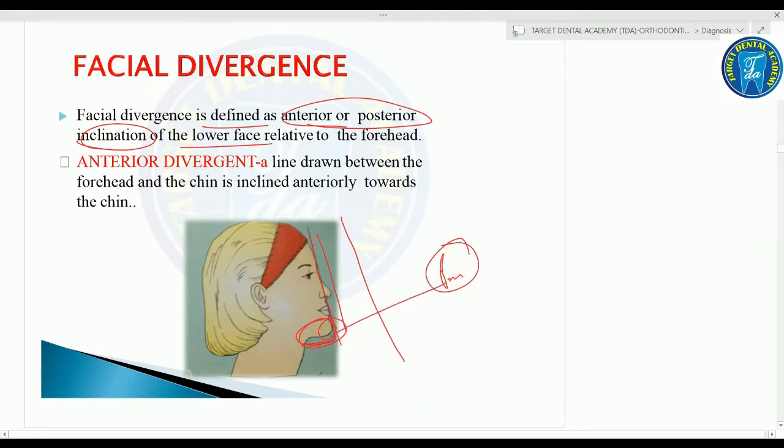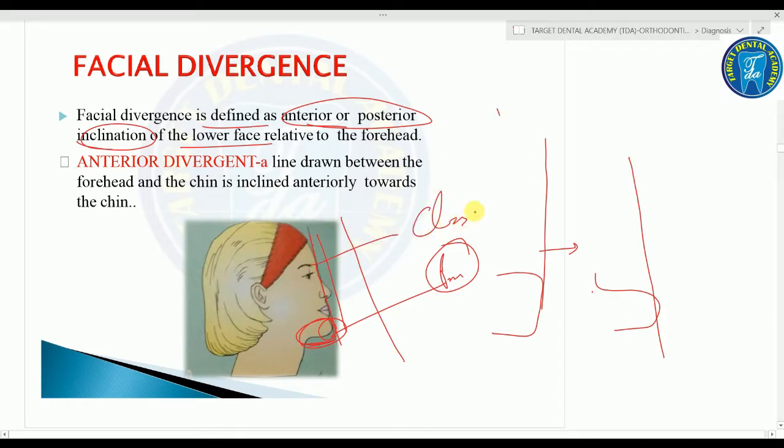First of all, when you draw a line from the forehead to the chin, if the chin is present in a normal position, then the patient has a normal divergence. If the chin is placed slightly forward, then the patient has an anterior divergence. It is commonly seen in case of class 3 patient, in which your chin is slightly forward.